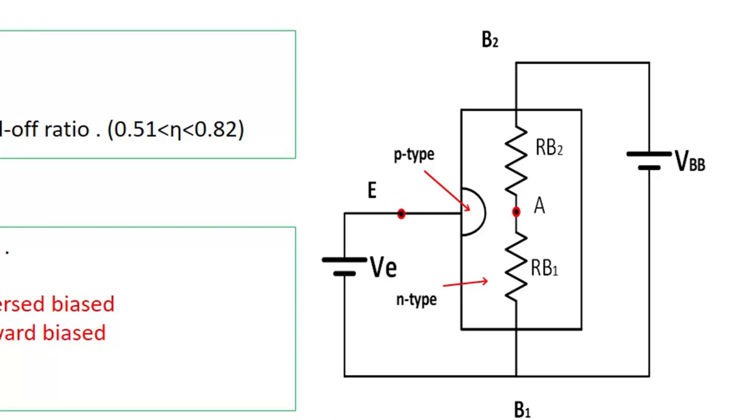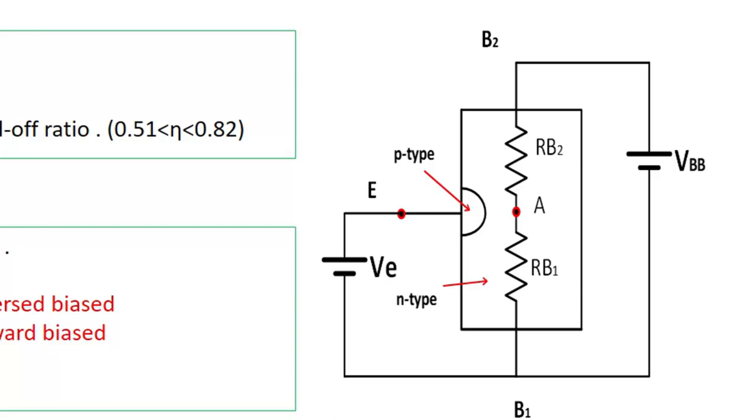If we can break this PN junction, then we can say our UJT is on. When VBB is applied across B1 and B2, the current flowing through VBB, B2, B1 is VBB divided by the sum of the two internal resistances, RB1 plus RB2.